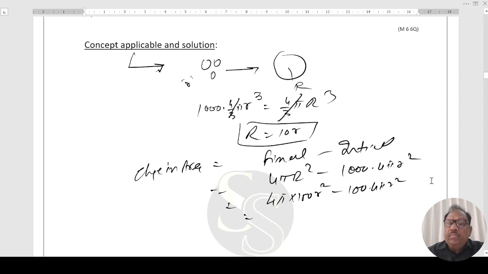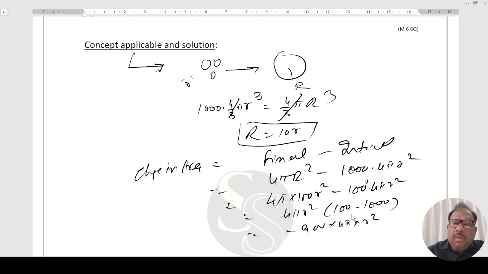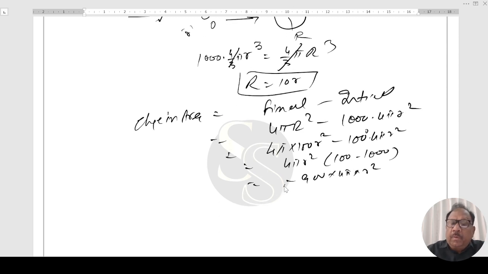Taking 4 pi and r square common, we get 100 minus 1000, that is minus 900 into 4 pi into r square. This means there is a decrease in area.